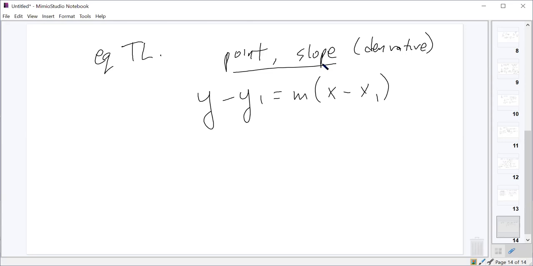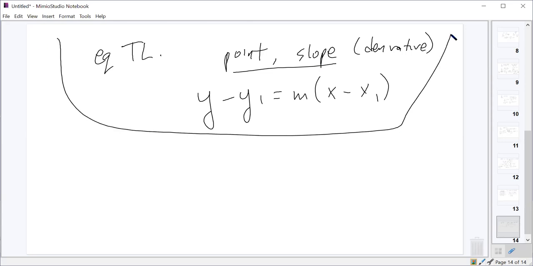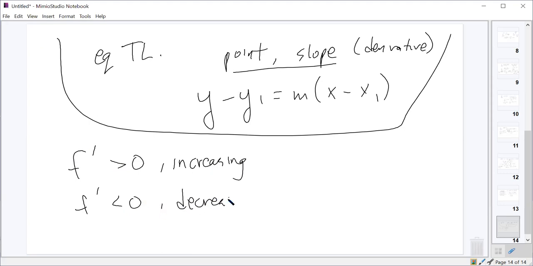Now, let's go a little further with derivatives before we start talking about the tangent lines. I want to talk more about tangent lines in a bit, and when we use them to approximate functions and what that means. But first off, let's just talk about the idea of the derivative. If f prime is positive, we know that our function is increasing. That should be easy. If f prime is negative, it tells us that our function is decreasing.